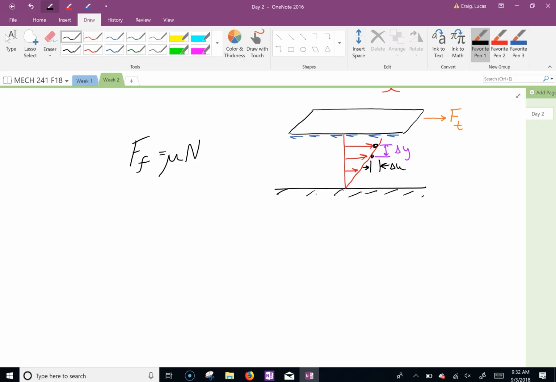Delta u. So I wrote area up there. So this new friction force is a function of a few things. It's a function of area. It's a function of this du/dy, and of a constant called your dynamic viscosity.